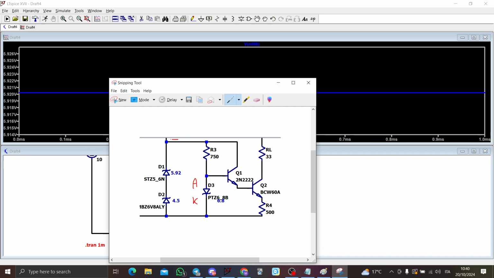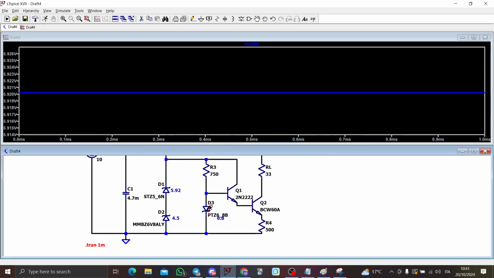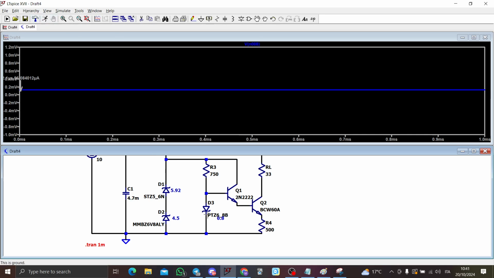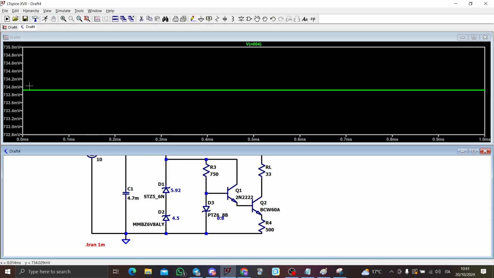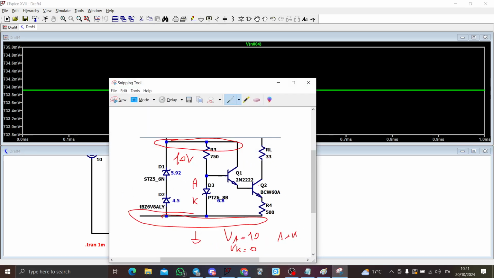At this point here, you have constant 10 volts, and the cathode here is set to ground. So VA is equal to 10, VK is equal to 0. So the anode is greater than the cathode, the diode is conducting, and is basically a short. Let's see if this is true. Let's run the simulation.